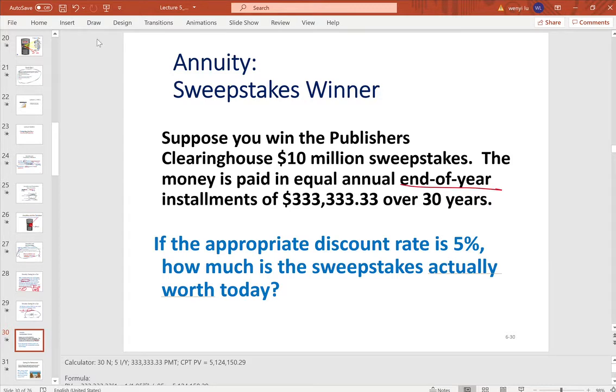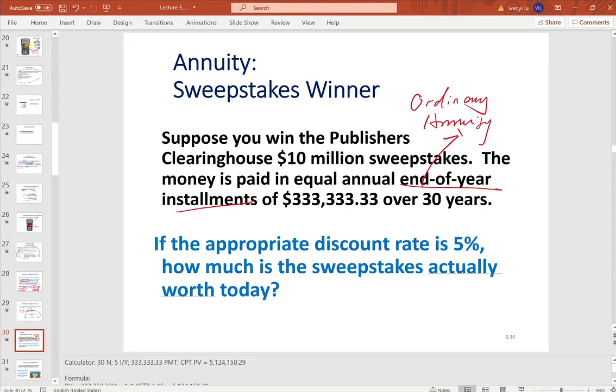So end of year basically means the ordinary annuity. If the money is paid at the beginning of the period, it's an annuity due; if paid at the end, it's an ordinary annuity.